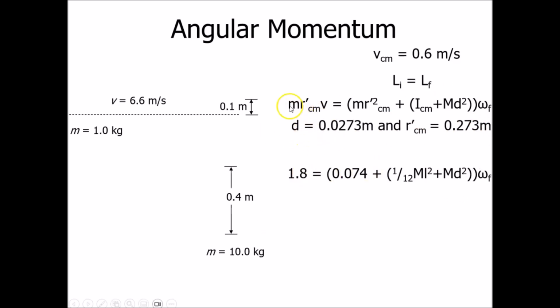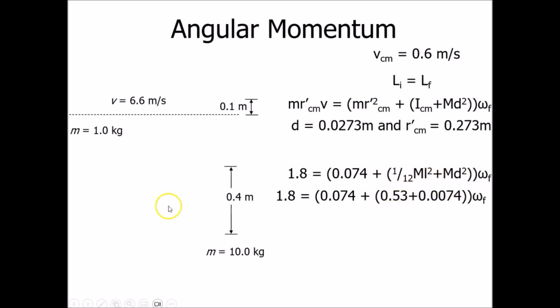So on the left-hand side, the mass of 1 times the 0.273 times 6.6, I get 1.8. And the mr prime squared, I get 0.074. And then I have 1/12 ml squared plus md squared. The d is a shift of 0.0273. So we have to be careful. The d is going to be 0.0273.